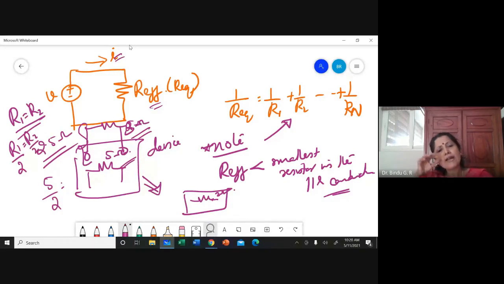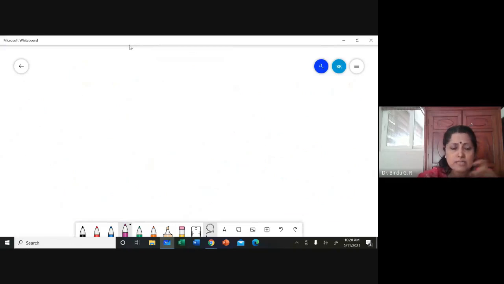So if I add a 5 ohm resistance in parallel externally, the effective resistance can come down. There are situations when this knowledge will come in handy. Always remember, when you have two resistors in parallel of the same value, the resistance gets halved.